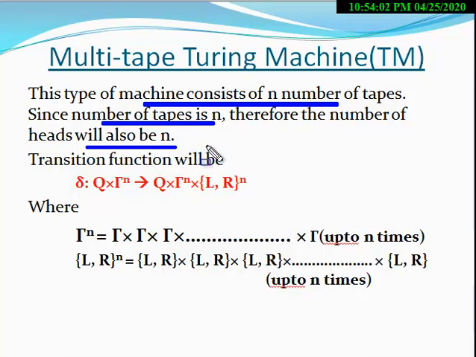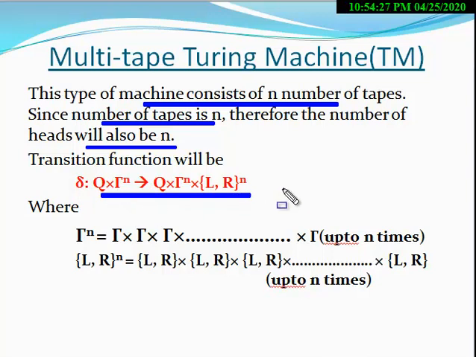The transition function in this case will be defined like this: Q × Γ^n → Q × Γ^n × {L, R}^n. So this is the transition function here.